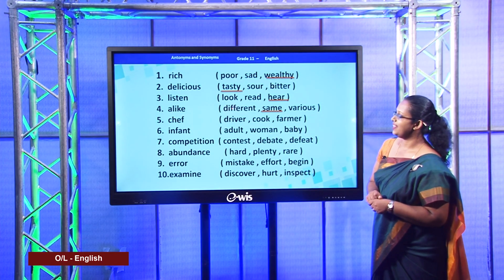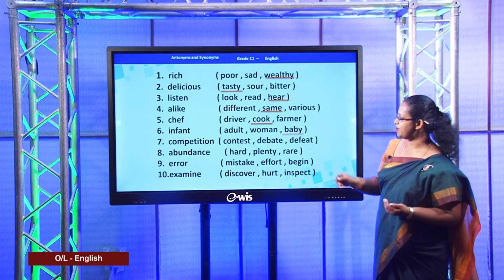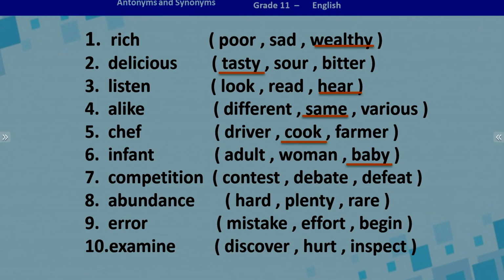Yes, then he is the cook. Chef, cook. Next one, infant. A little baby. Infant, baby. Competition. Is it debate? No. Then is it defeat? No, children. That is contest.